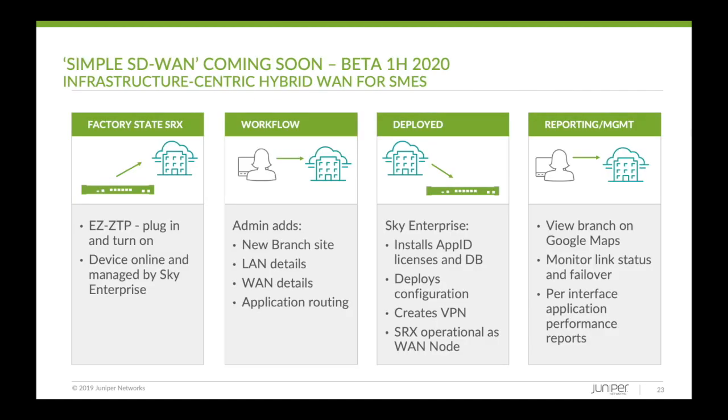The main thing our development team has been working on for quite some time is our simple SD-WAN feature, and we're expecting that to be in beta sometime in the first half of this year.